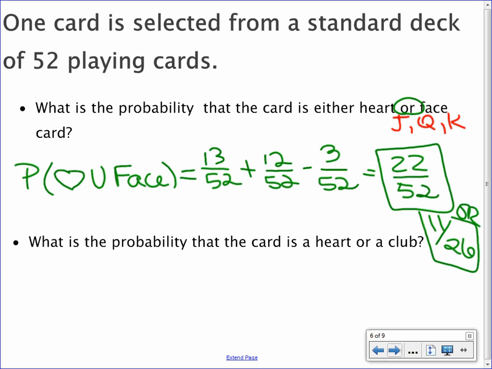If we subtract it out twice, then we're not counting those at all. So, I'll go back to my picture. We had all of our hearts that we counted. I understand that. I see.